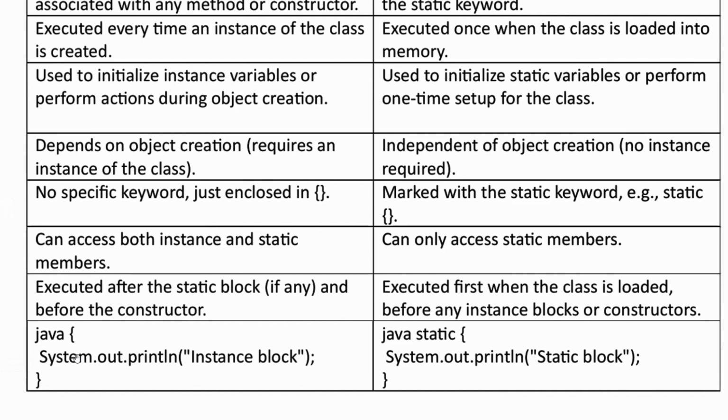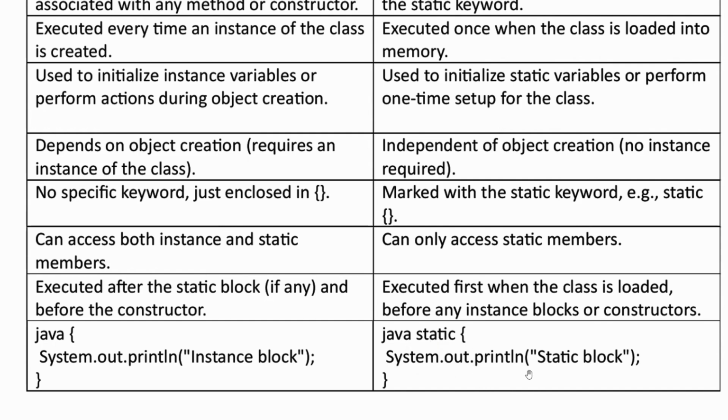So this is the example. These are simply curly braces, and here we have simply printed the statement instance block. And this is the example for the static block.